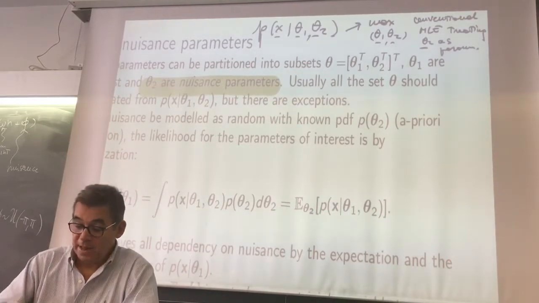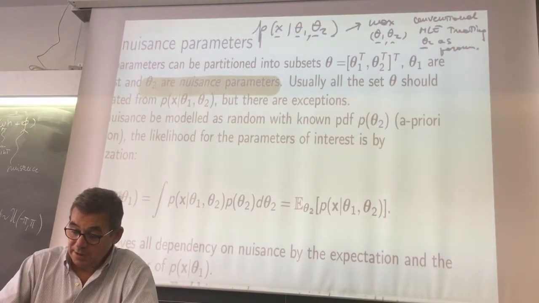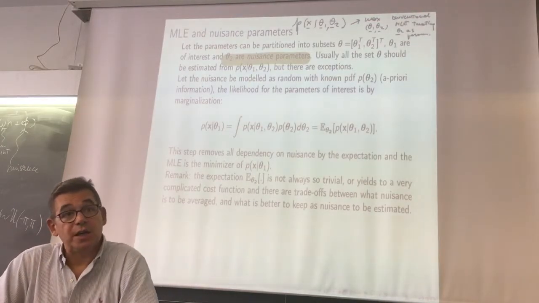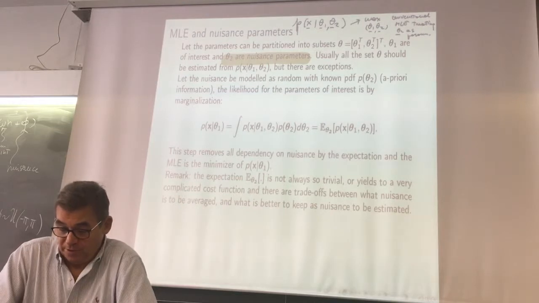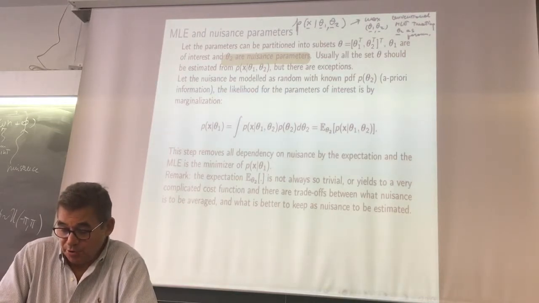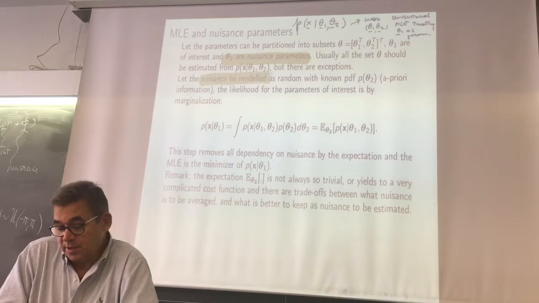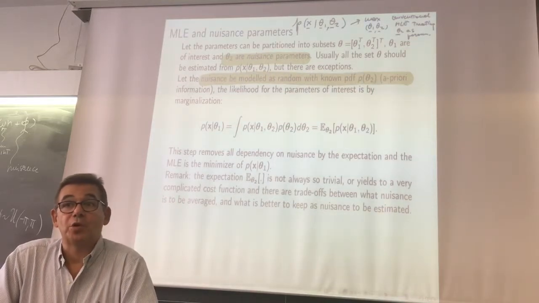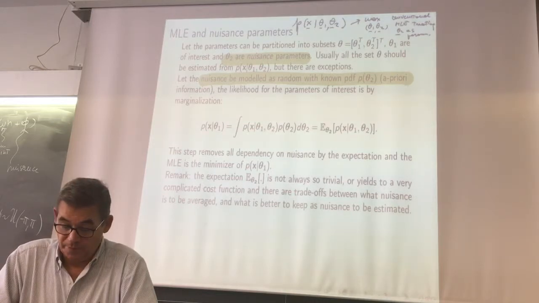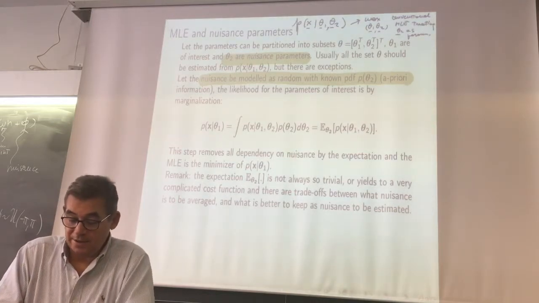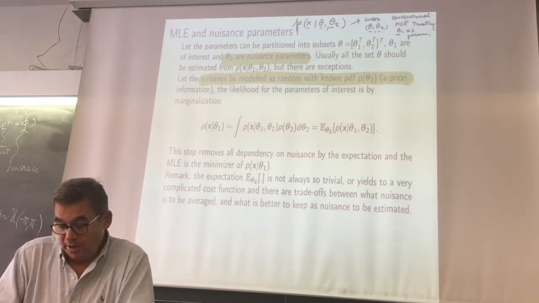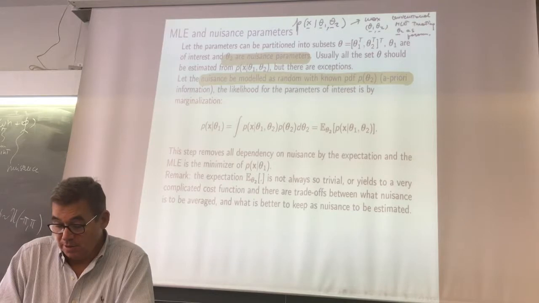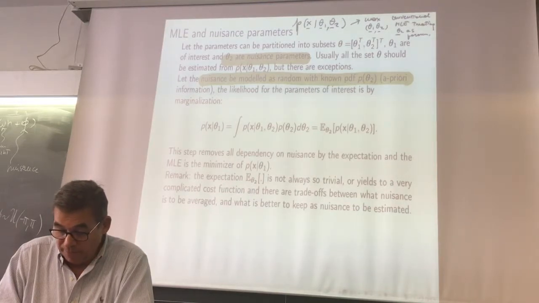Okay, and the other is, let's consider that now in my distribution I know some a priori information about the distribution. So let's consider the nuisance is modeled as a random variable with some a priori distribution. Now, that means that I can calculate the probability density function marginalized with respect to theta 2.